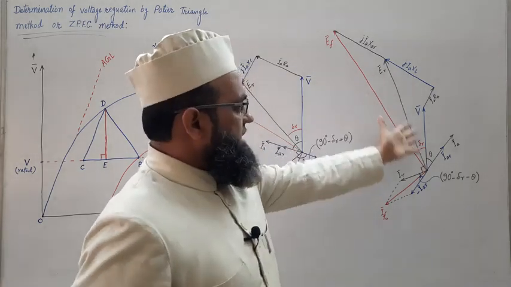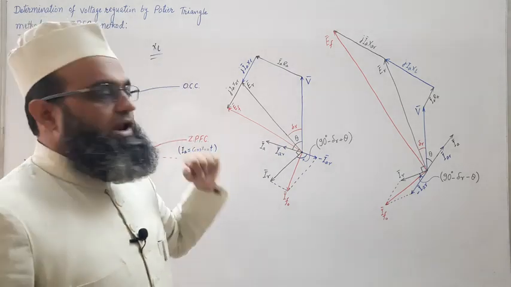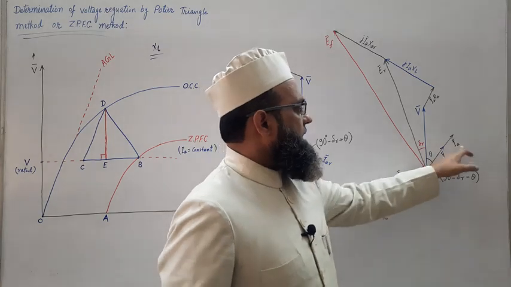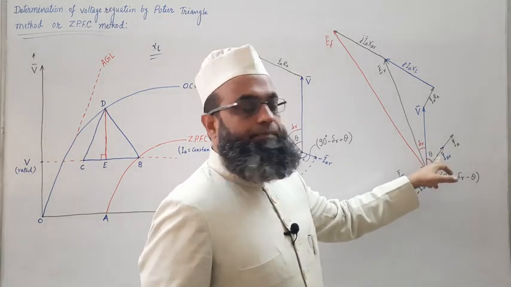So this is the phasor diagram for lagging power factor, this is the phasor diagram for leading power factor. This is our terminal voltage V, and this current IA is lagging with power factor angle theta.